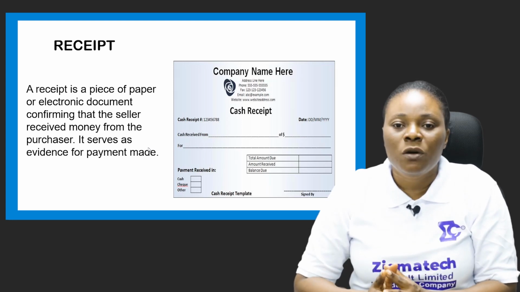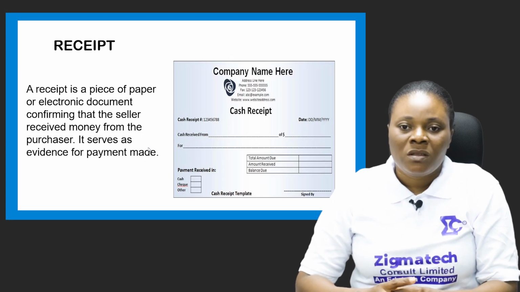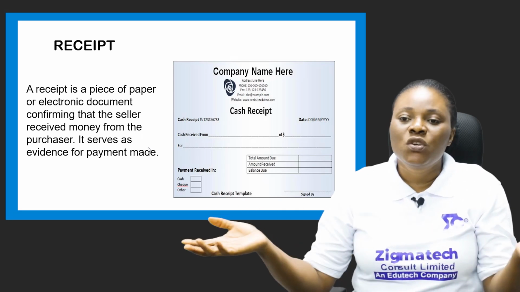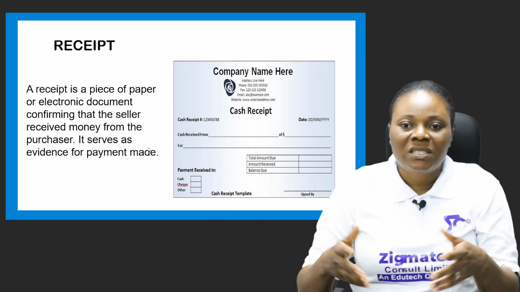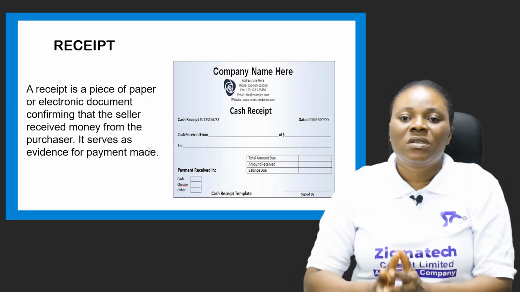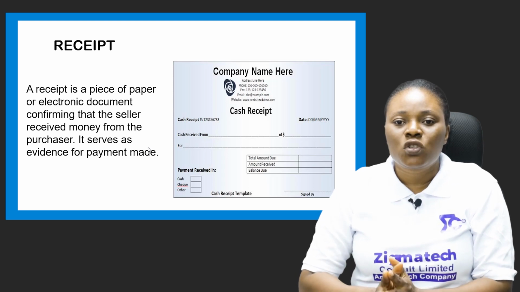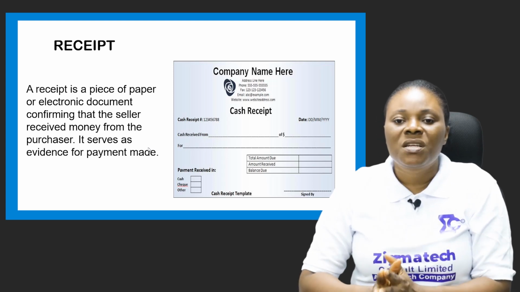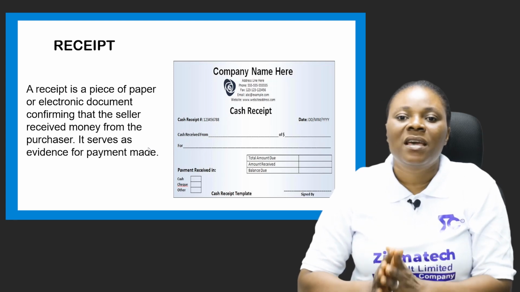It can also be an electronic document. The one mostly used nowadays is the electronic one, the one printed out through the cash register. So the receipt is a piece of paper or an electronic document that is used to confirm money received from a buyer by a seller.